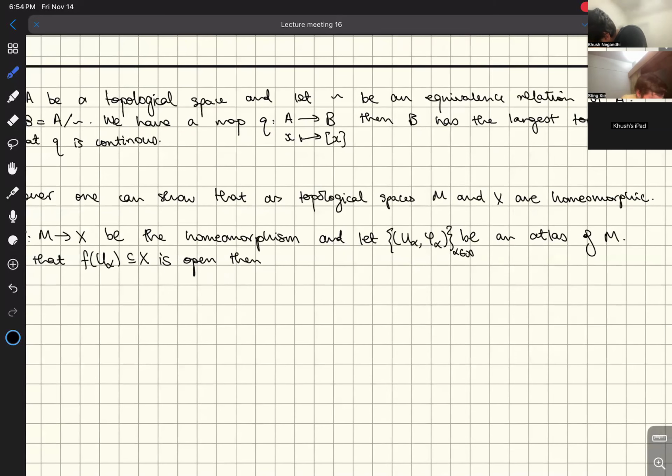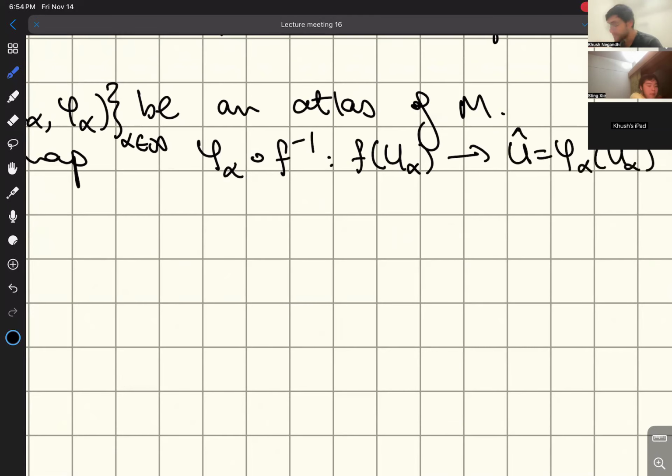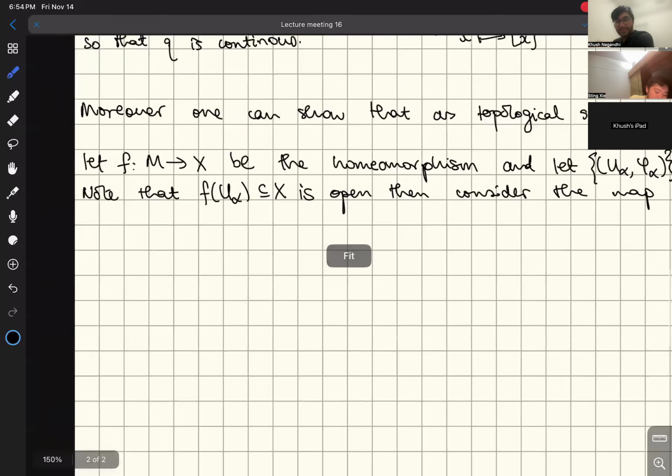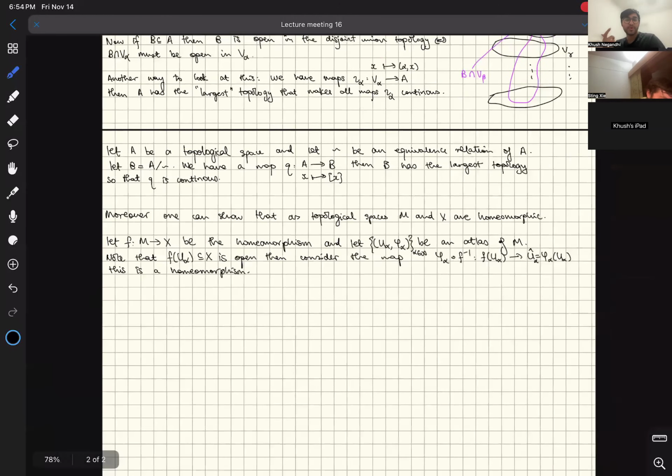Then consider the map phi alpha composed with F inverse. This now takes you from F of U alpha into U hat, which is equal to phi alpha of U alpha, as we defined it before. Then this is a homeomorphism, because it's a composition of two homeomorphisms.